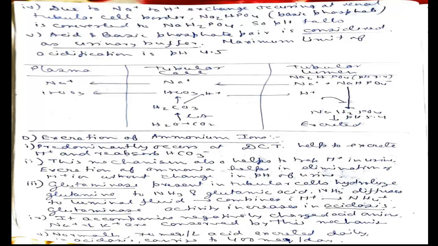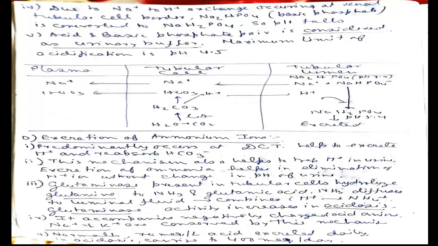Glutaminase is the main enzyme present in tubular cells, which hydrolyzes glutamine to ammonia and glutamic acid. Now, this ammonia diffuses from the tubular cells to luminal fluid. It combines with hydrogen ion and ammonium ion is formed.